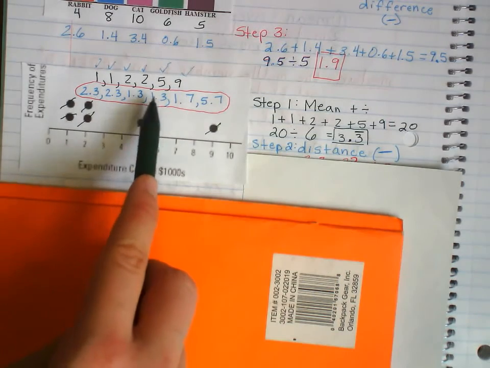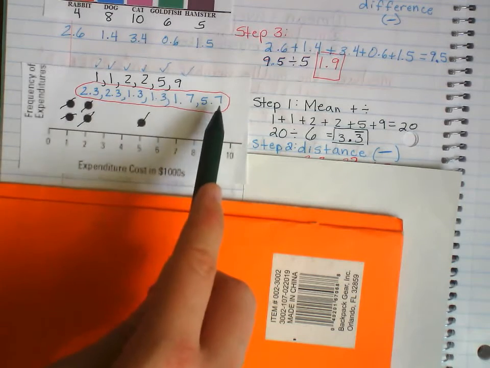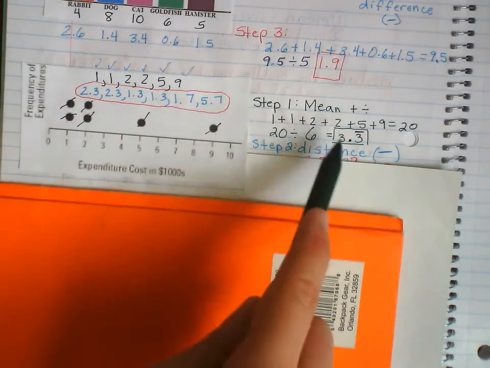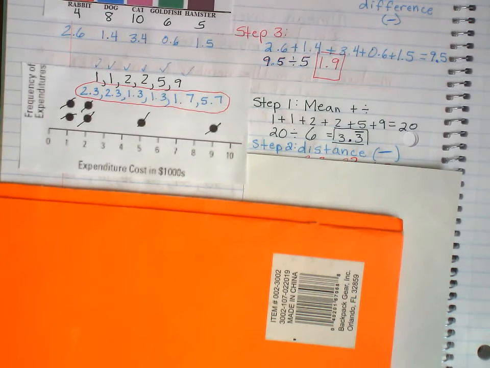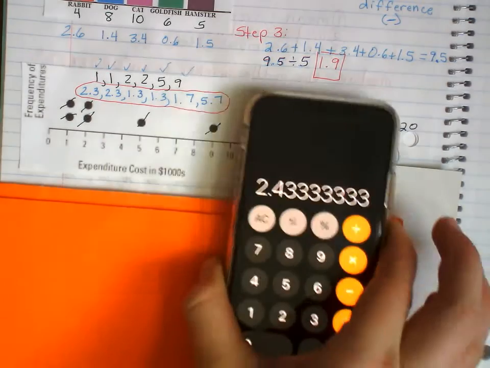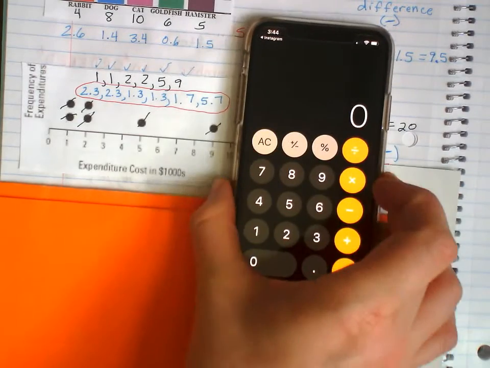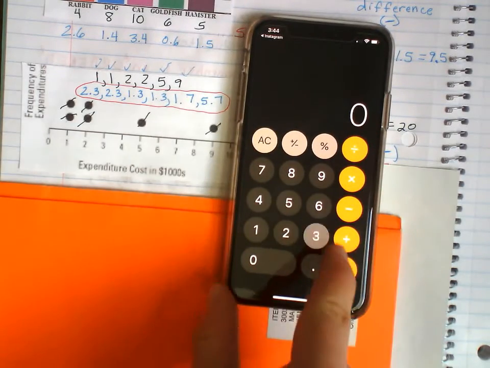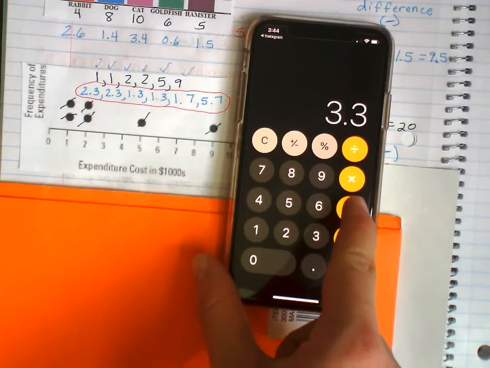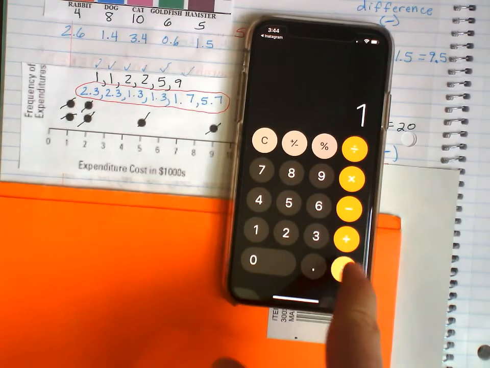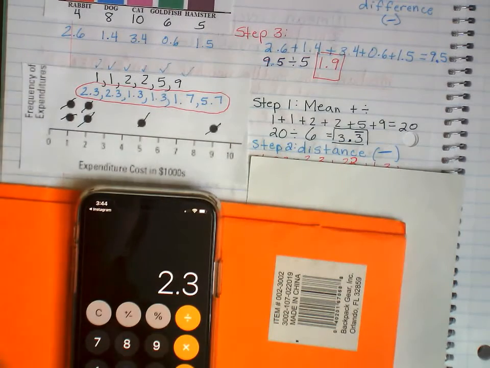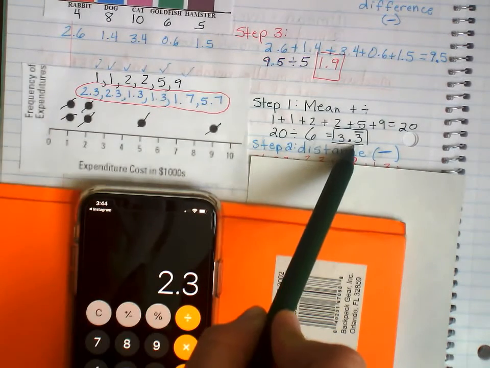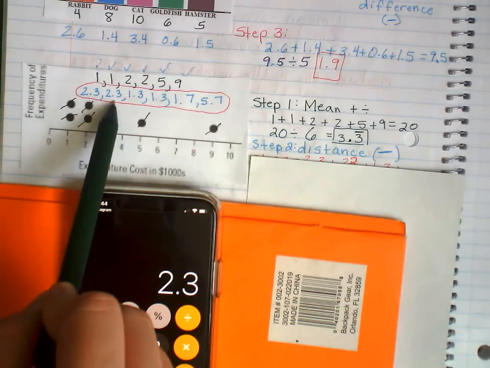I already wrote them down since the video crashed, but how far was 3.3 from 1? In my phone calculator, which lights up better on the screen, 3.3 minus 1, the difference, the distance, is 2.3 away. Again, how far away is the second one from 3.3? It's 2.3 away.